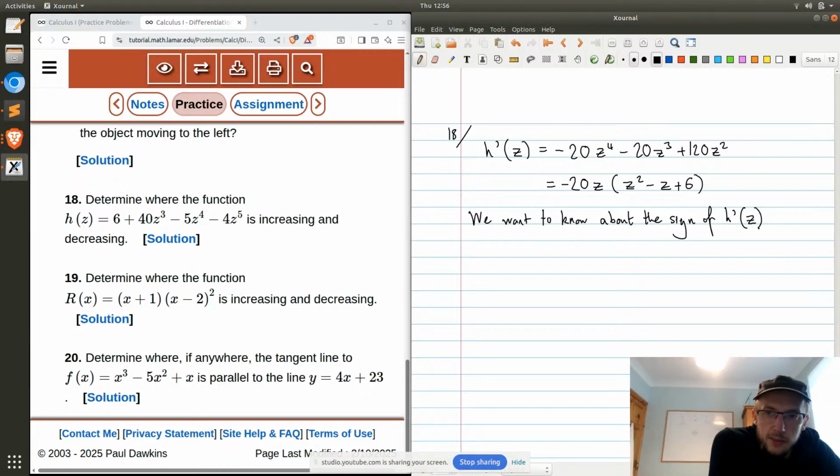So it's a negative quartic. So you can think of an upside down U shape, sort of, or W shape, potentially.